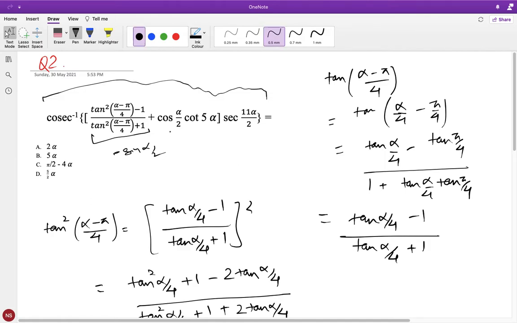Now I have to add cos(α/2) and cot 5α, and then there is a sec(11α/2).